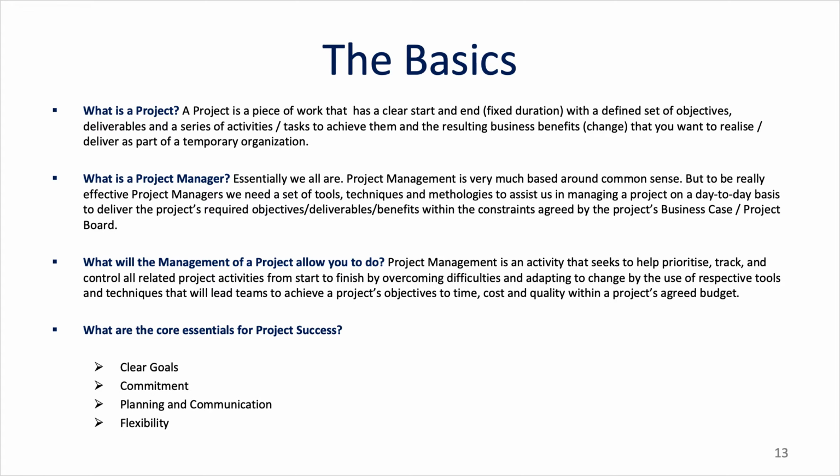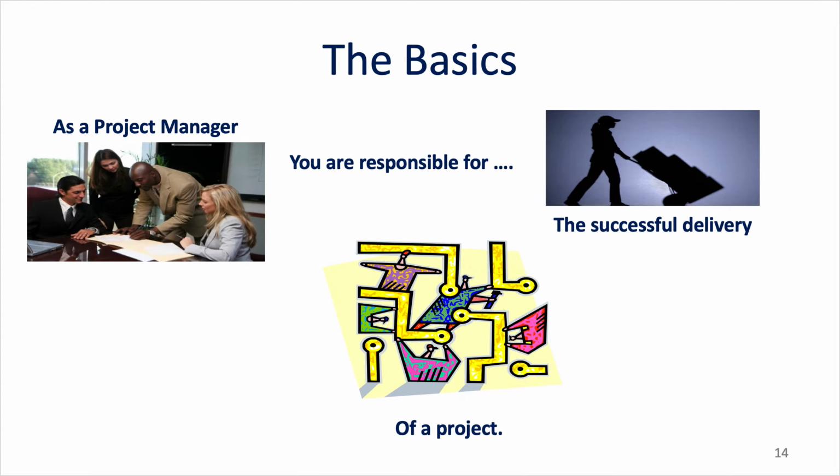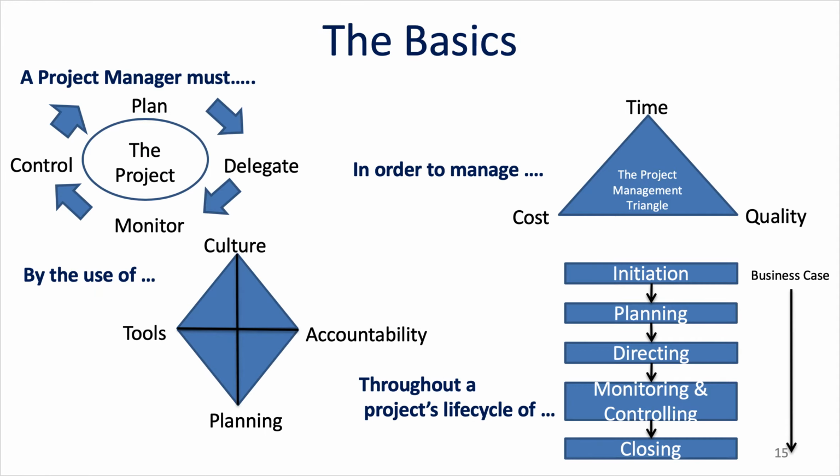Let's take a little bit more clarity at the basics. So as a project manager, you're responsible for the successful delivery of a project. A project manager has to do a number of things. They have to plan, they have to delegate, they have to monitor and control the project. And they do this in order to manage 3 essential components: time, cost, and quality, which is often referred to as the project management triangle.